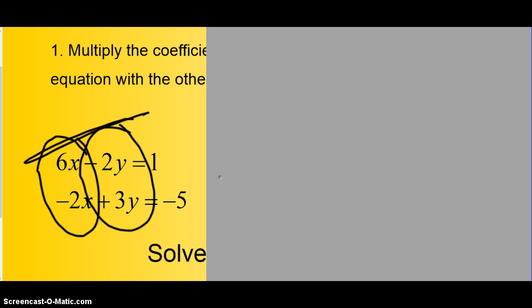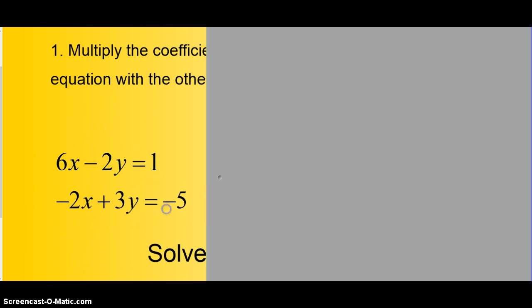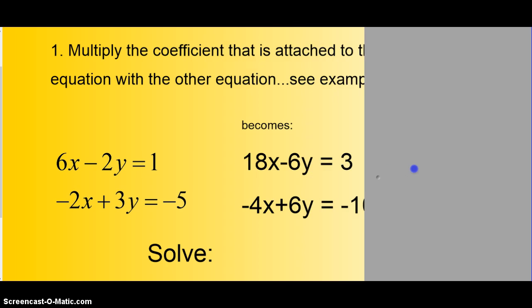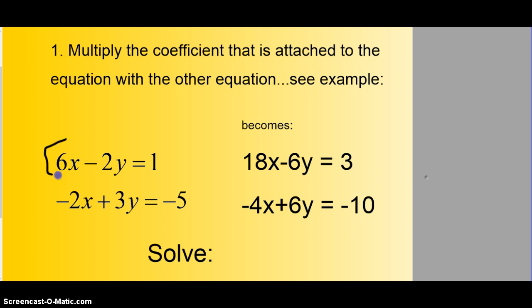So what I'm going to do is actually multiply both of these. And how you do that is you look at the distributive property in a little bit different way because you're distributing across an entire equation. So what I did here is I multiplied by 3. That 3 came from here.